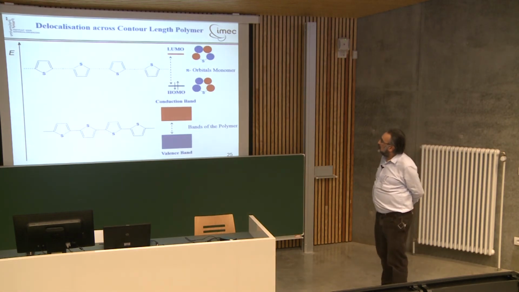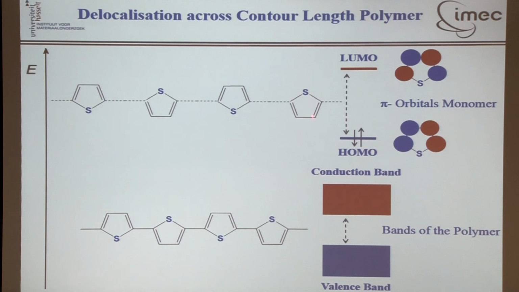Okay, in this approach, we start with an imaginary situation in which you have the repeating units at an infinite distance from each other, so they don't interact. And then, if you look at the energy levels, you will have the HOMO level and the LUMO level, and they will be separated by a certain energy distance, the HOMO-LUMO gap.